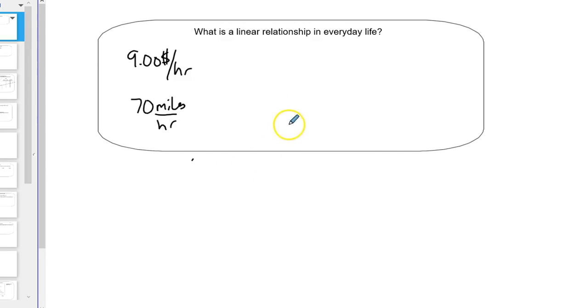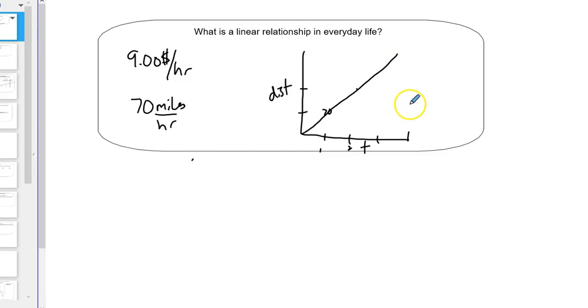If you were to graph time and distance, then in 1 hour it'd be 70 miles, and 2 hours would be 140 miles, and you just get this straight line. That's what we call a linear relationship.